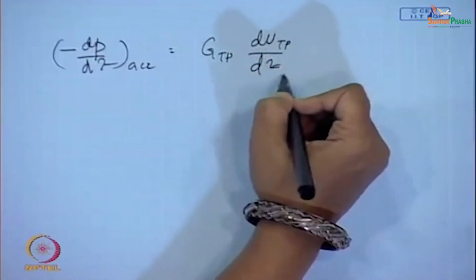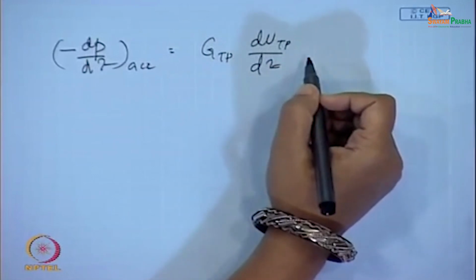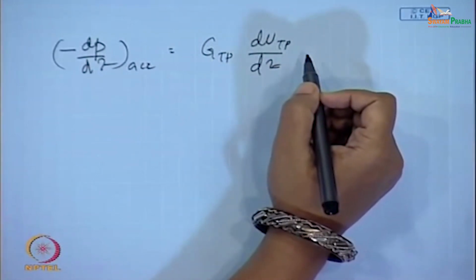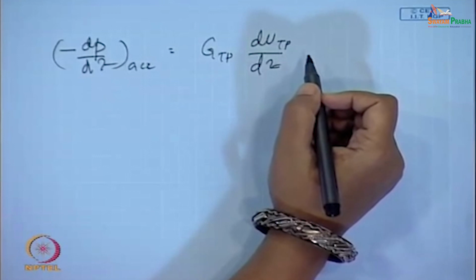But there will be an acceleration pressure gradient whenever there is a two phase flow, particularly when one of the phases is gaseous. This we do not say for single phase liquid flow. Agreed? So this acceleration pressure gradient arises just because one of the phases is compressible, in other words, considering compressibility of the phases.